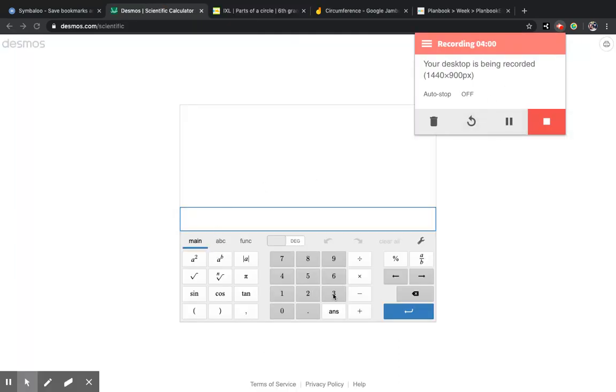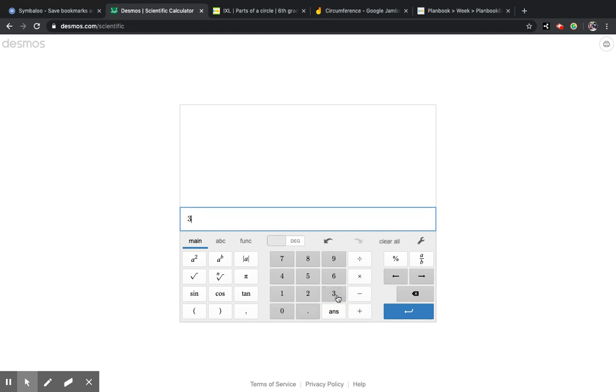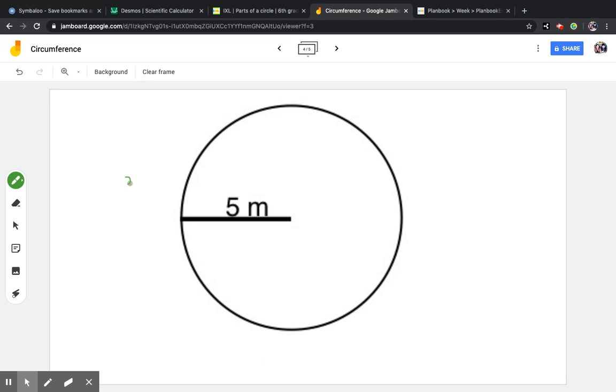So my distance around the circle would be 3.14, and then I'm going to take that times my radius, which is 5, and I'll get 15.7, but I'm not done yet because I still have to multiply that number times 2. Okay, so I got 31.4. And because this is just the circumference, similar to the perimeter, I don't need to label that or anything.